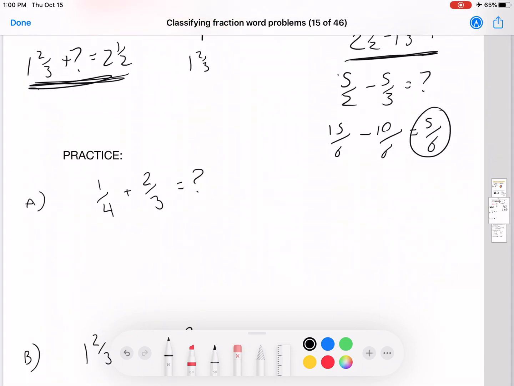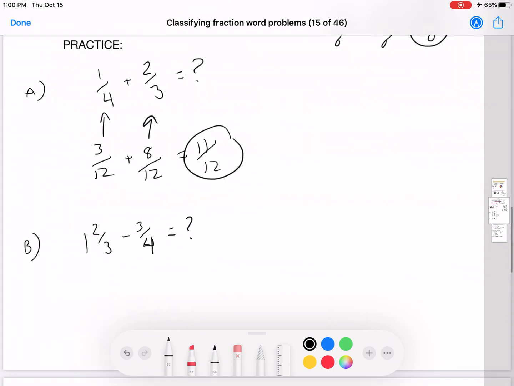So once we take word problems and classify them and turn them into number sentences, we can then, again, solve them from there. So just a few practices. If you wanted to add something with thirds and fourths, the common denominator would be twelfths. So you turn them into equivalent fractions, which would be 3/12 and 8/12, and then we could add and get 11/12.